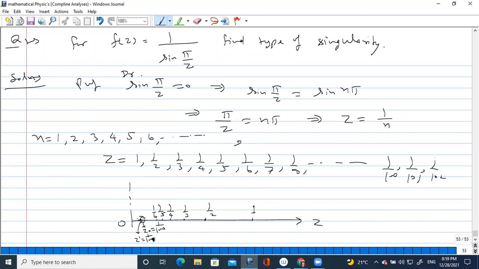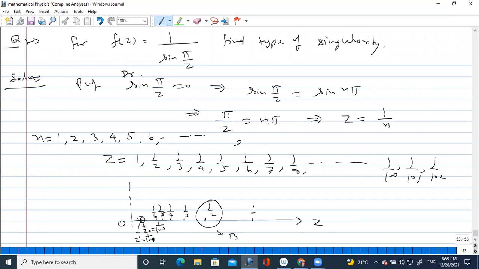Understood? So these singularities are known as non-isolated singularities. But if you draw a circle here, there is no point nearby, so this is known as an isolated singularity. So this is a combination of isolated and non-isolated singularities.